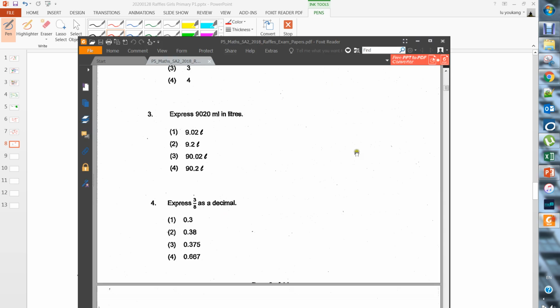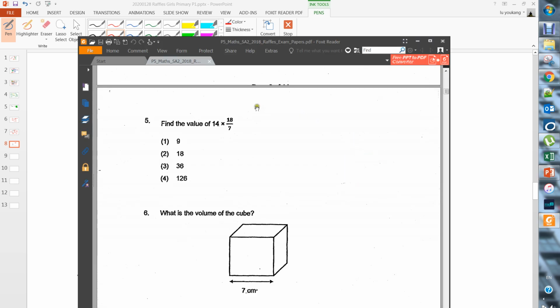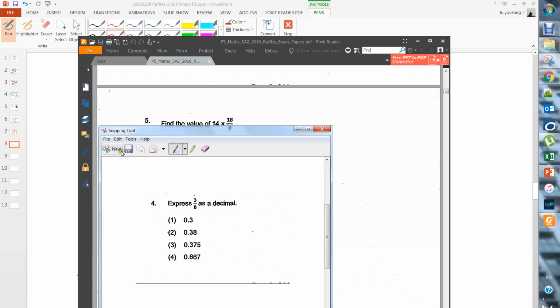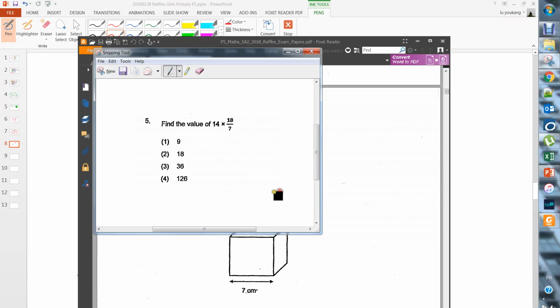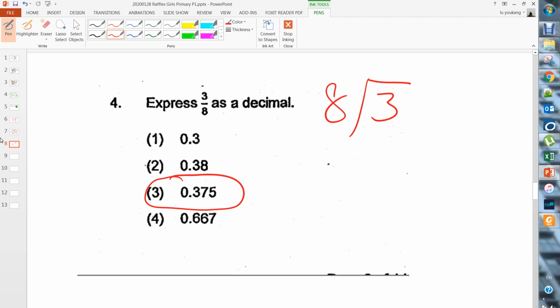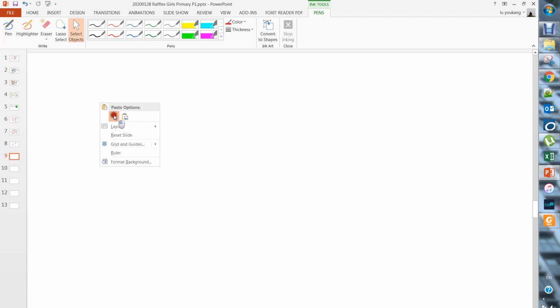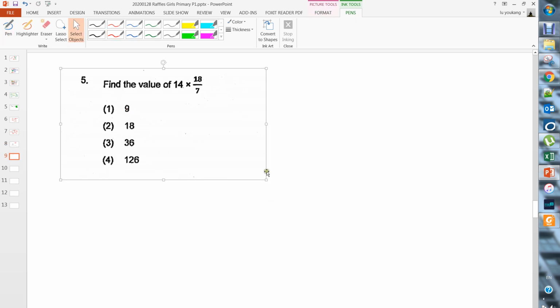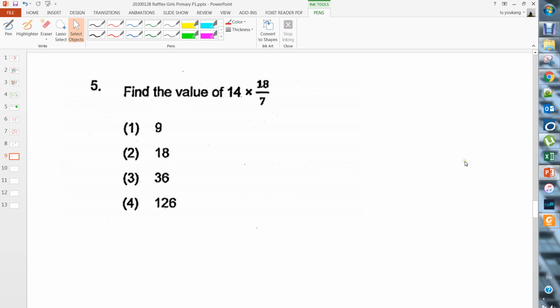Okay, question 5. So what is question 5? Continue. What is question 5? Finding value. Yeah, finding value. So what do you do here? Times.